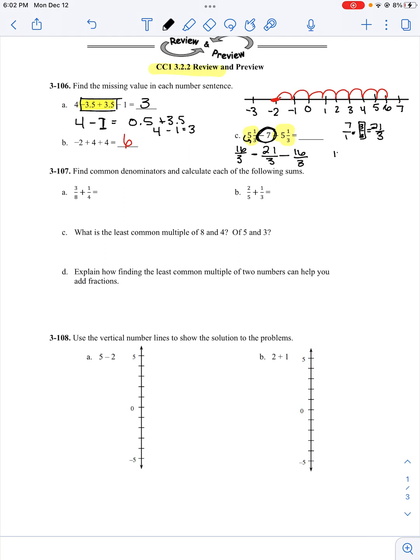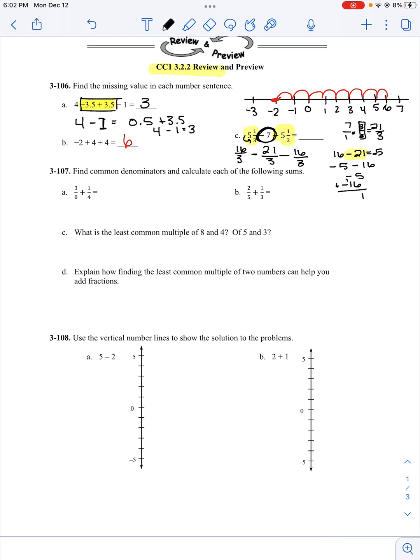Okay. 16 minus 21. Well, that's going to be 5. It takes 5 to get to 21 from 16. But because I'm subtracting a larger number from a smaller number, it's going to be negative 5. Okay, which leaves negative 5 minus 16. Now I'm going to keep getting smaller and smaller and smaller. It's the same thing as saying, well, I'm adding negative 16.